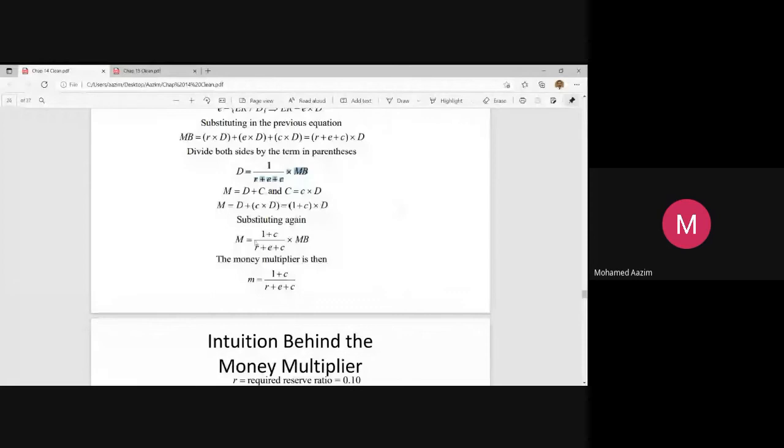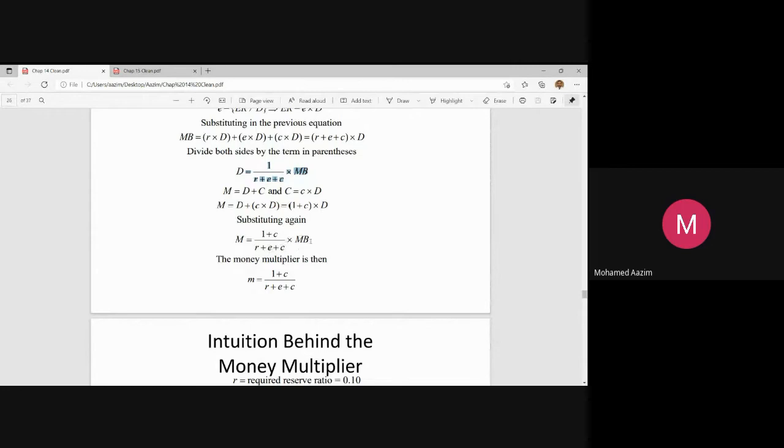Here, what you get is nothing but 1 plus c, c is small c, the currency ratio, over the required reserve ratio plus excess reserve ratio plus the currency ratio, times the monetary base.